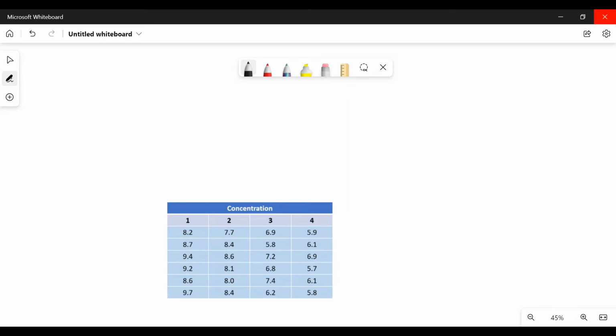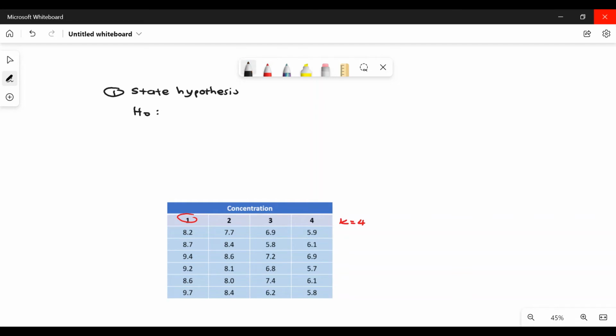Now what we need to do first is state the hypothesis. So the null hypothesis would be, here we have 4 levels, which is 1, 2, 3 and 4, which means that k equals 4.